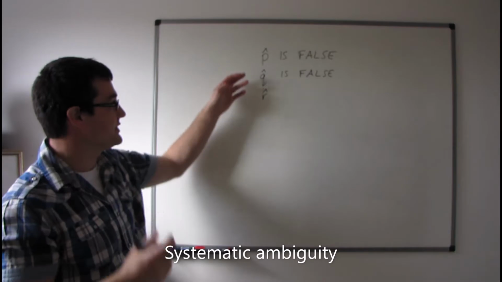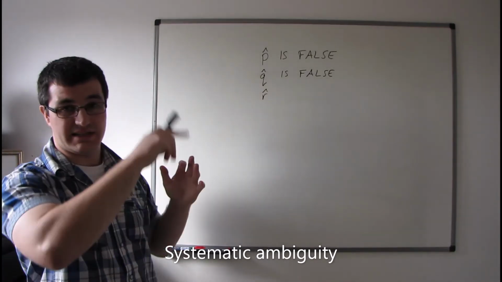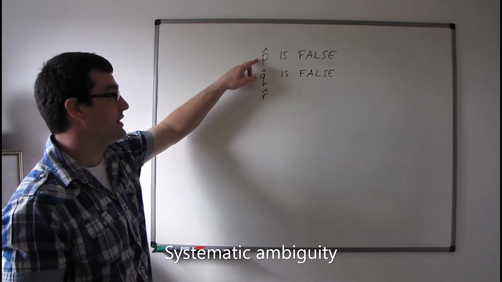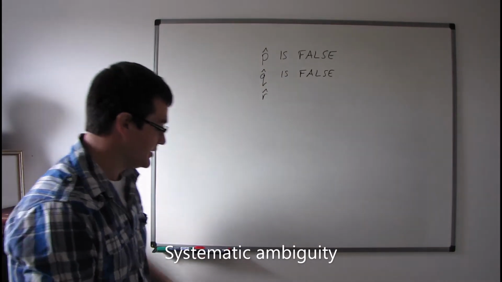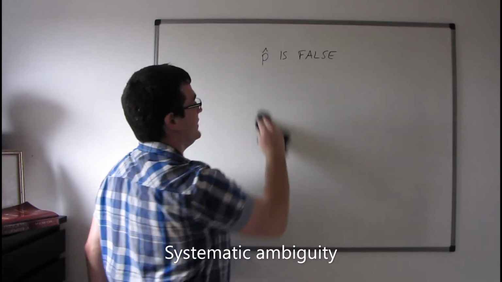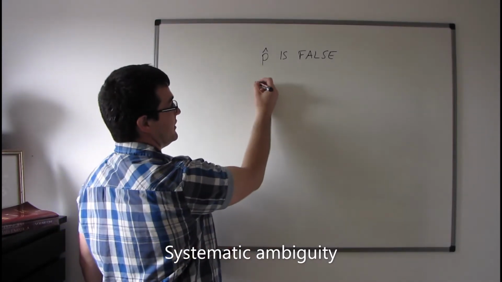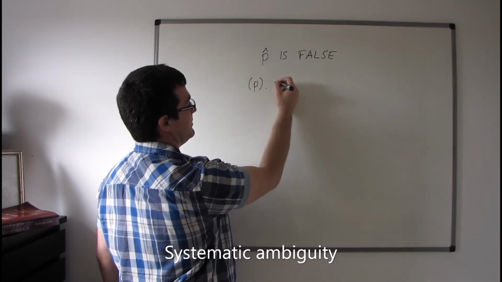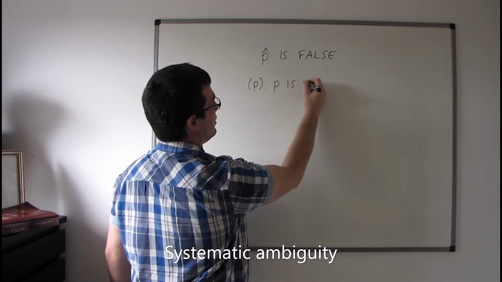So any appropriate symbol with a hat over it could replace the P hat here. So we're going to stick with the P hat. And from this function, we're going to form the proposition P is false always.